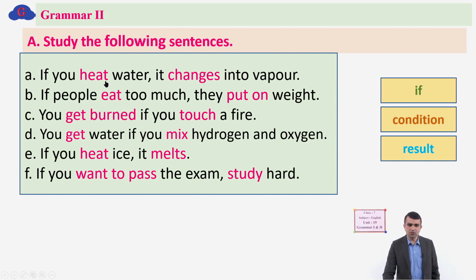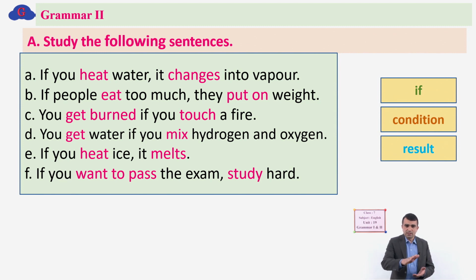If you heat water, if is the beginning word, and you heat water is the condition, it changes into vapor, that is the result. If people eat too much, if sets the condition. Now, people eat too much is the condition. If they eat too much, they put on weight. As a result of eating too much, they put on weight. Is it so? Good.